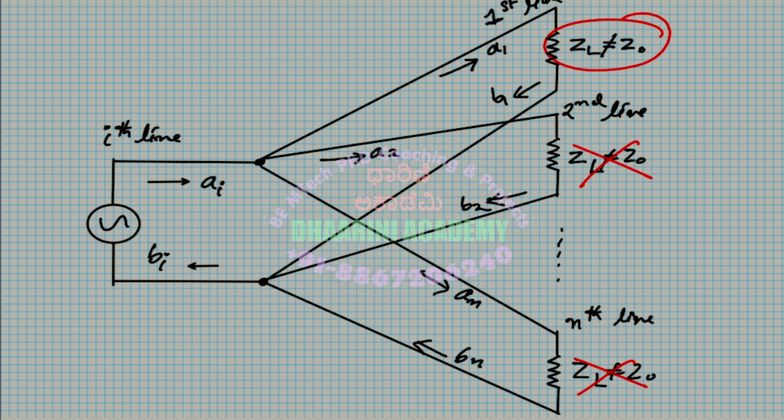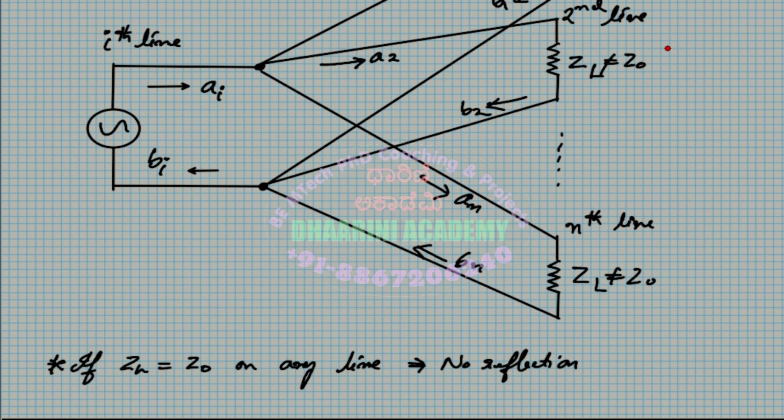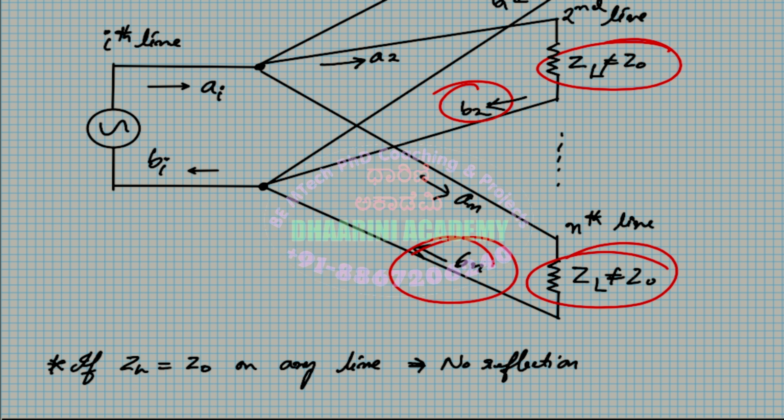In such a case, what happens? When I write such a condition, I will write B2 equal to 0, because on line 2, matched means B2 becomes equal to 0. Matched ZL equal to Z naught means BN is equal to 0. I can write that as one of the conditions, and only B1 is related to A1, other terms are not there.